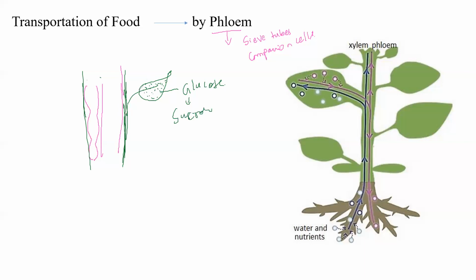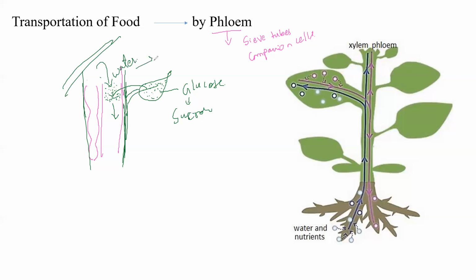These sucrose particles slowly diffuse from where the concentration is higher to the lower concentration place. The sieve tubes are used to transport the food. These sucrose particles are not transported alone. Whenever they receive water, since the xylem transports water throughout the body, the water gets mixed with the sucrose.